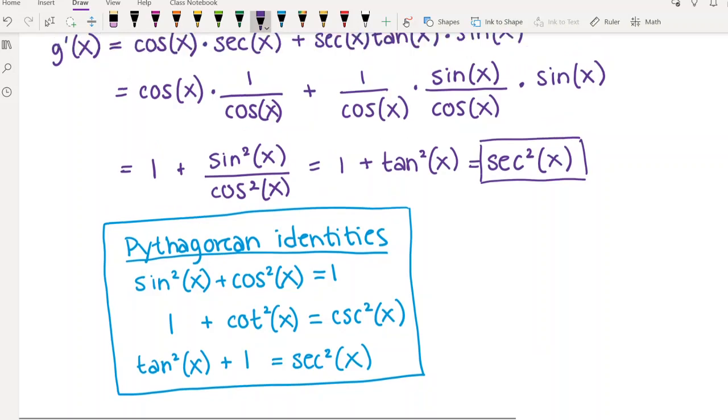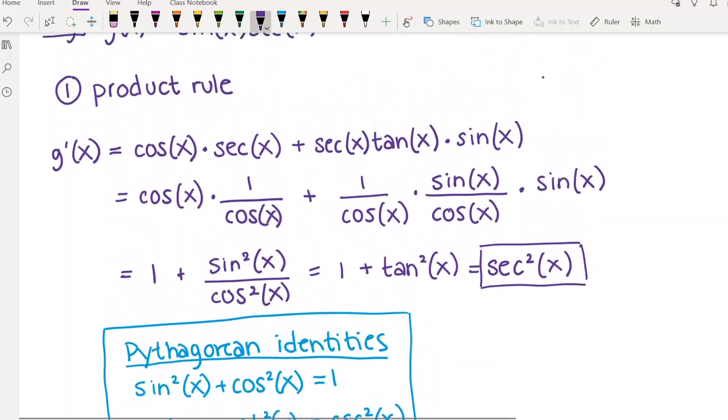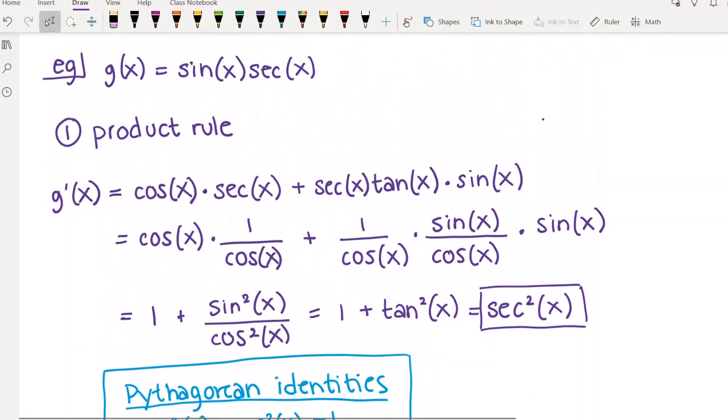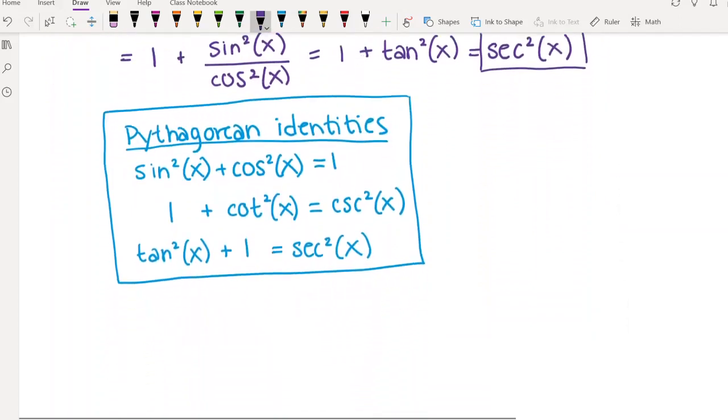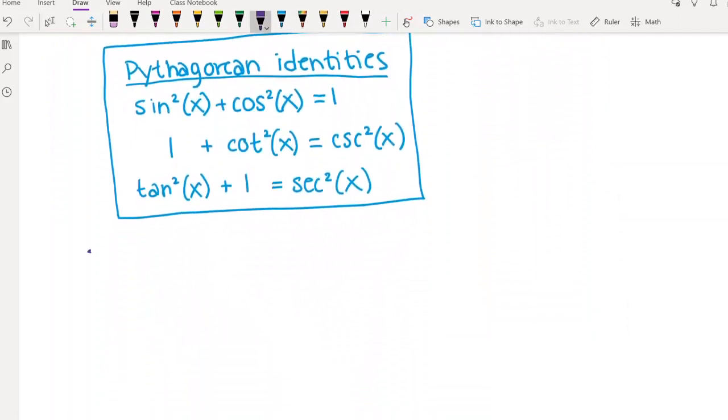So let's now go back and see if we could have done this differently. Instead of doing the product rule, let's go back to our original function and just simplify it, and see from there what we get as our derivative. So the second method is to simplify first, meaning before taking the derivative.